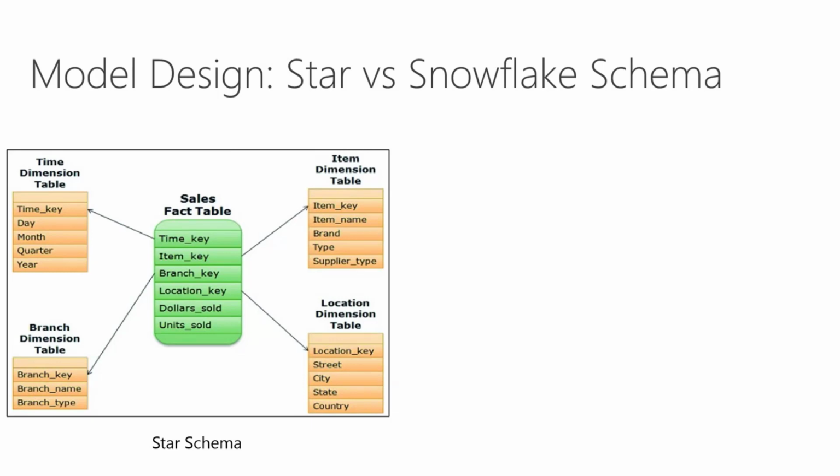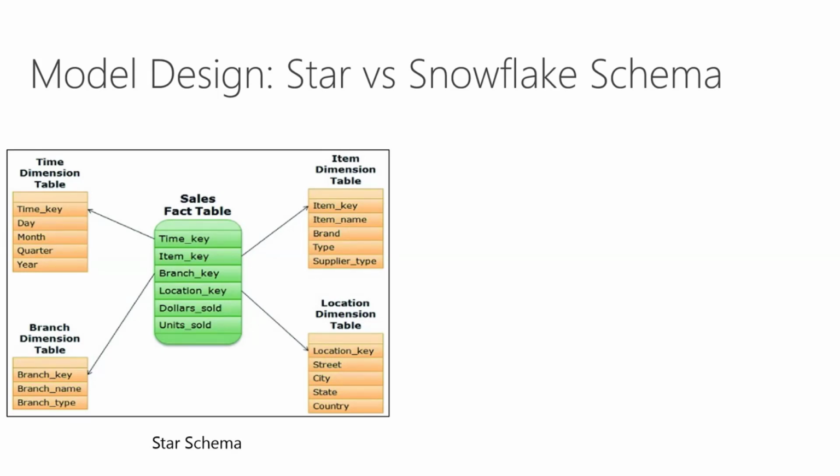and units sold, right? So for example, with a model like this, you can see which city or which country has the highest number of dollars sold or units sold, or the lowest number of units sold or dollars sold.